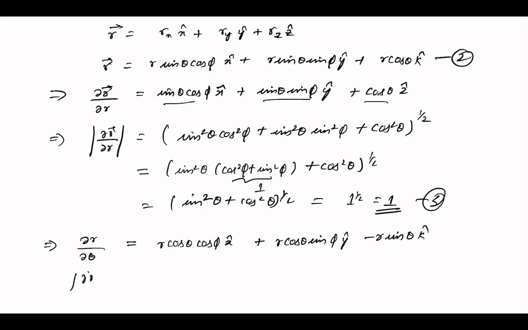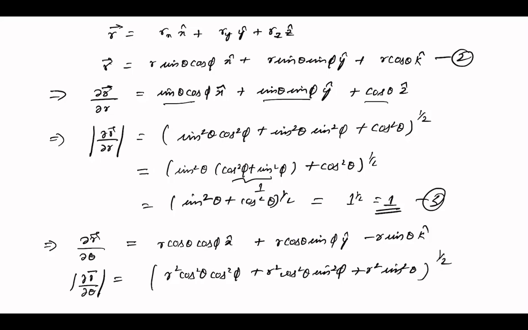We take the magnitude of this as well. We get r square cos square theta cos square phi plus r square cos square theta sin square phi plus r square sin square theta, to the power 1 by 2.